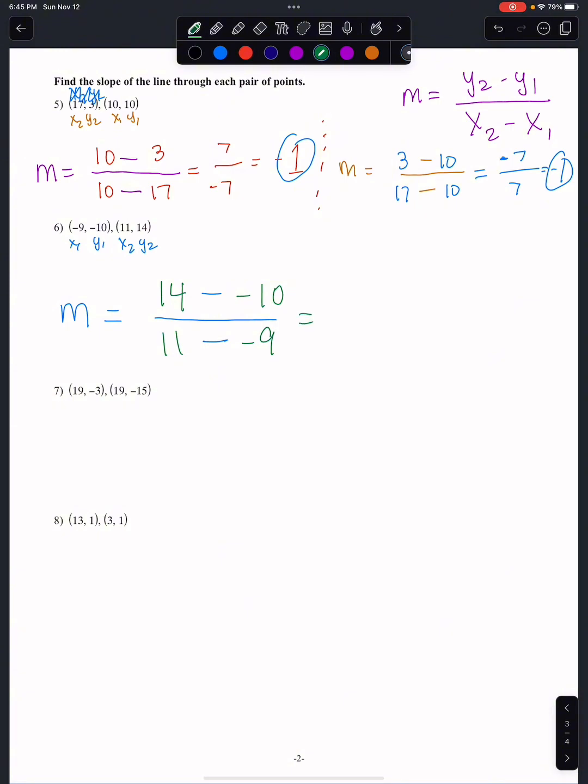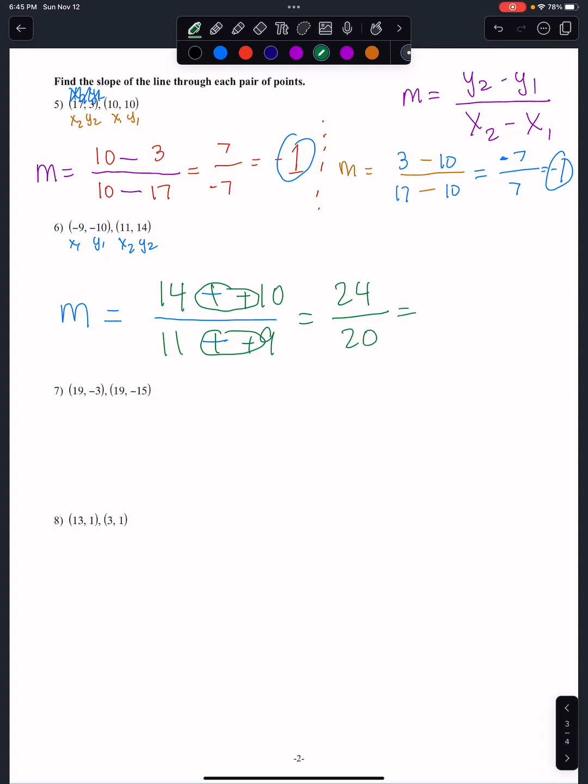Now, you guys know I really dislike double signs, and that two minuses together, they convert and make a positive. So 14 plus 10 is 24. And then here we go again. I don't like it. So that makes that 11 plus 9. That is going to be 20.